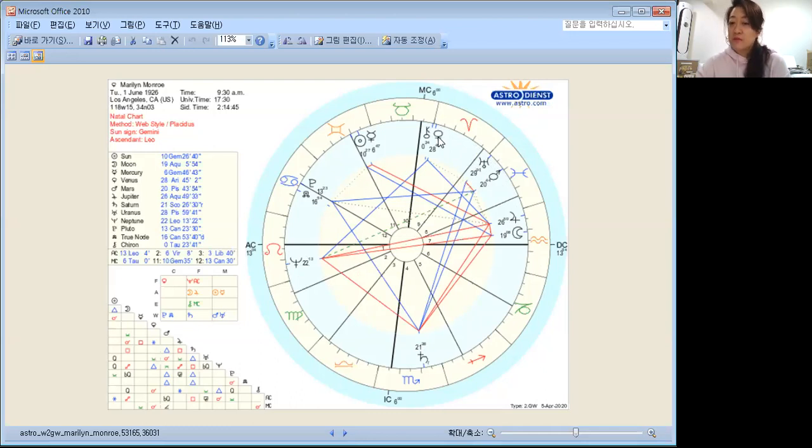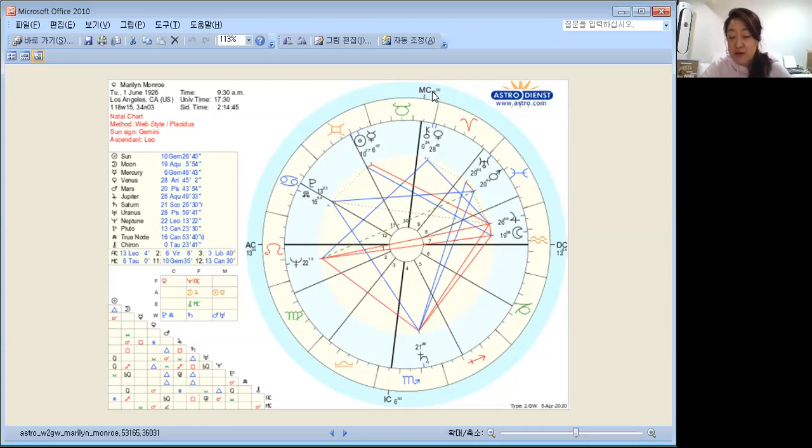I'm not sure how much traveling she may have done, but she probably would have really enjoyed it. Venus is what gives us pleasure. So I think she probably would have really enjoyed being very physical, right? Aries is physical energy.